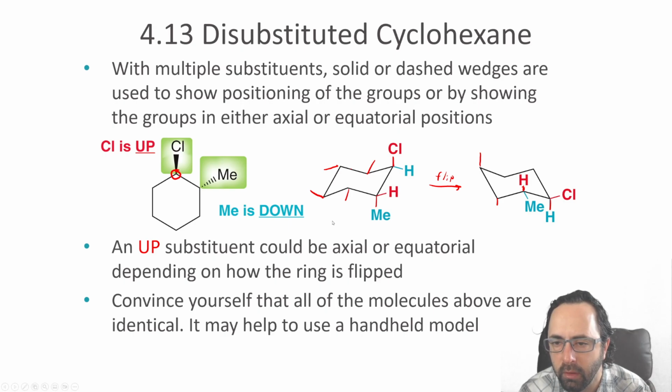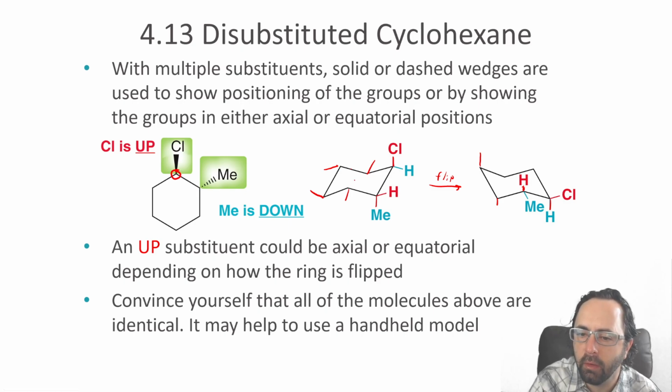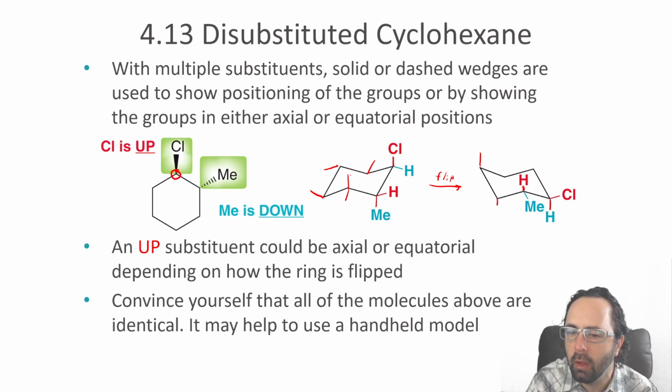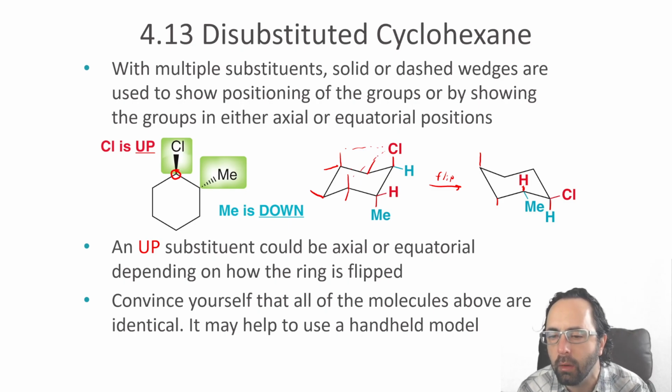In terms of stability, the molecule becomes less stable when you have large groups that are both on axial positions on the same side. So for example, if I have a large group here in the axial up position, or here in the axial up position, there will be what's called steric hindrance due to the crowding of these, which are all pointing upwards, and so all are parallel to one another and crowd each other's positions.